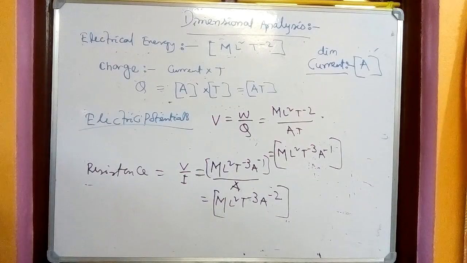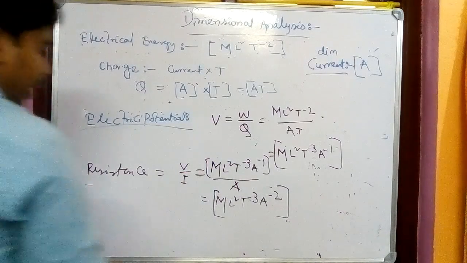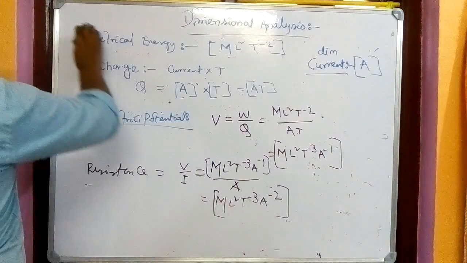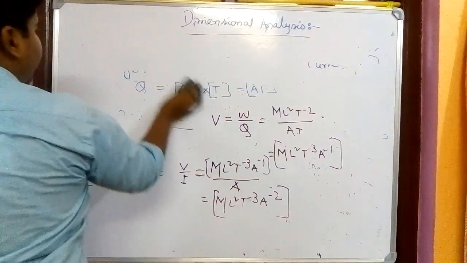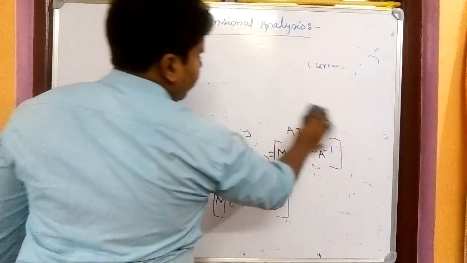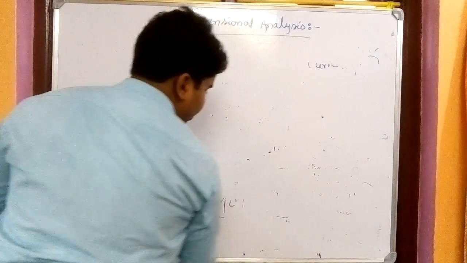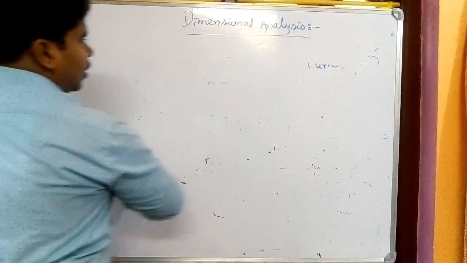Without logic, it is useless work, so why should we do useless things? We must know the use of dimension. So our next part is the use of dimension. Why have we learned dimensional analysis? What is the need of it? Let's see.